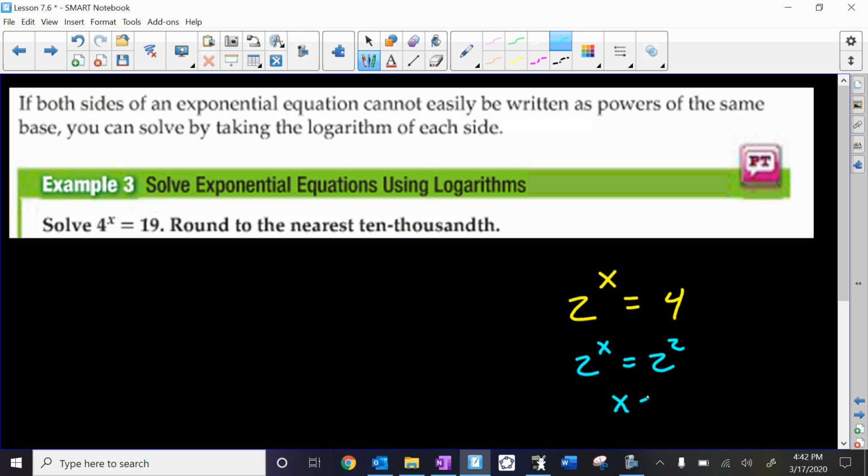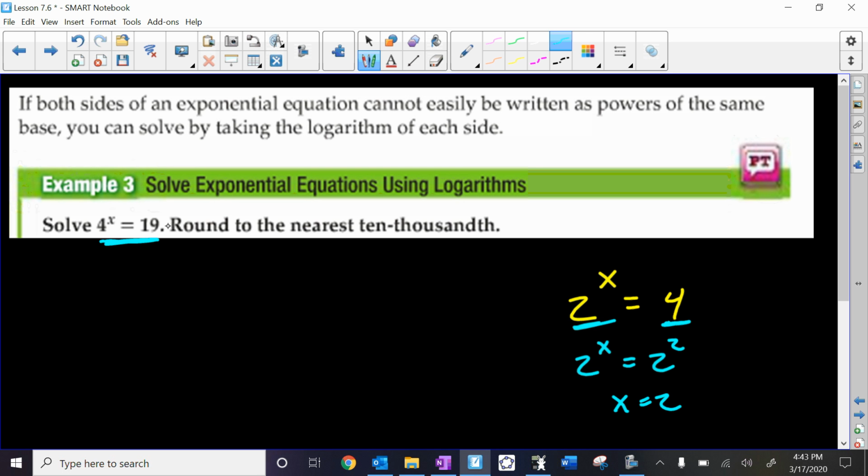Drop our bases, x equals 2. Super nice. But the only reason that worked was because I could change this so it had the same base over here. If I go to my problem, that doesn't work out so nice. I cannot get 19 as a base of 4. Maybe I could try really, really hard, but it'd be very difficult for me.